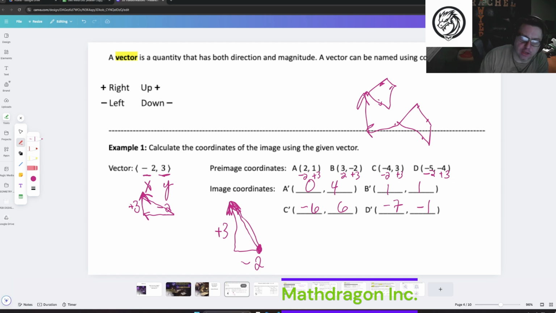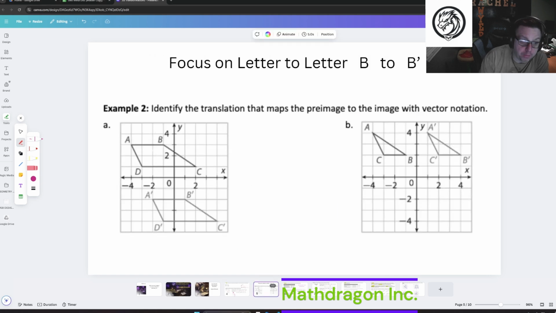You can see that it's traveled 2 units to the left and then up 3. That's doing our vector. So when we look at this, you have to go from one letter to that exact same letter, and you should always travel in the x direction first, even if it crosses over into your picture. So we're going to jump 2 spots to the right, a +2 in the x direction.